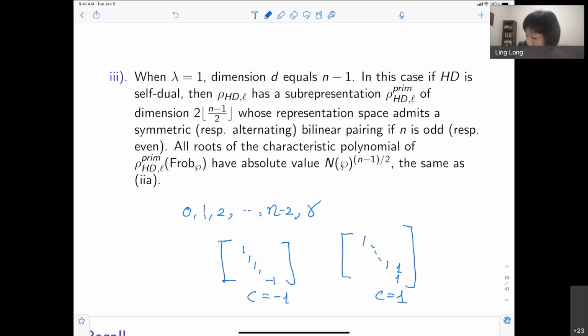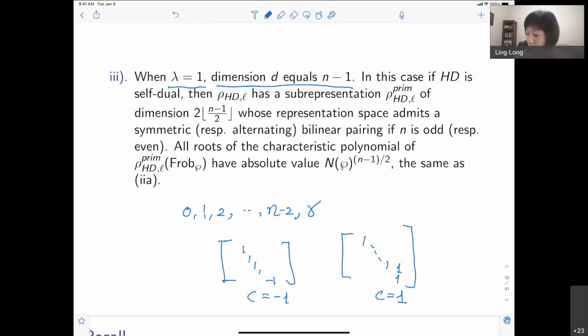And accordingly, if you look at the local monodromy matrix and take away the identity, the rank will be 1. And then the result will be that when lambda equals 1, the corresponding Galois representation has a one-dimension drop. So it dropped down to n minus 1.